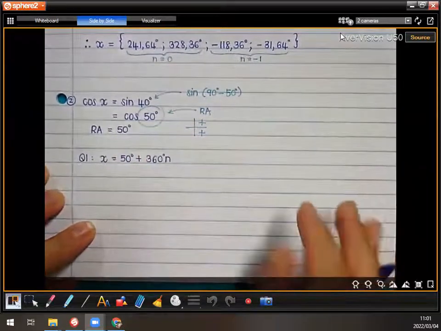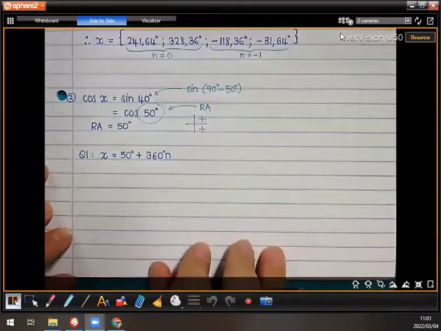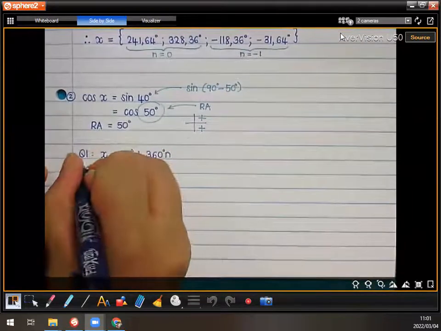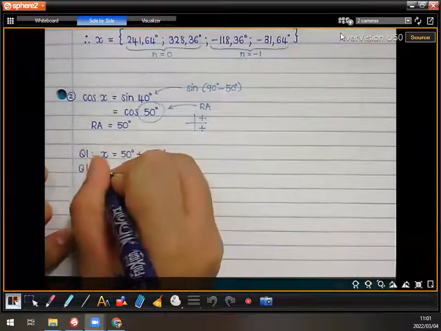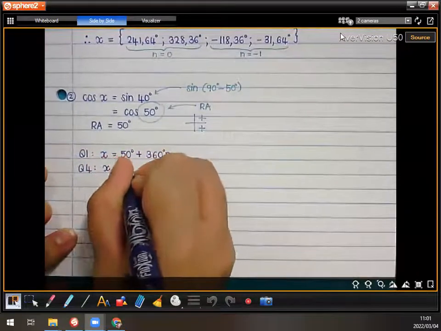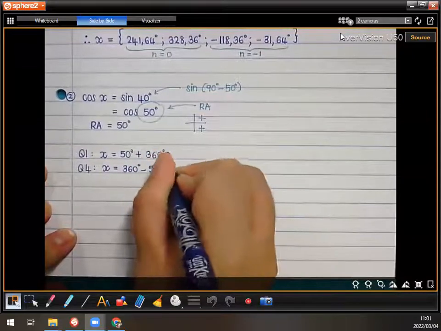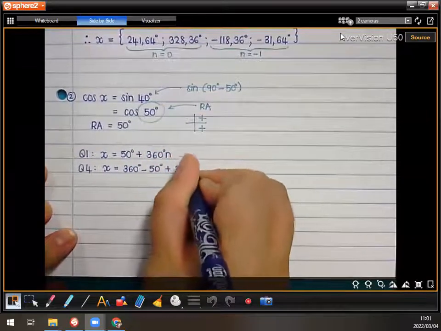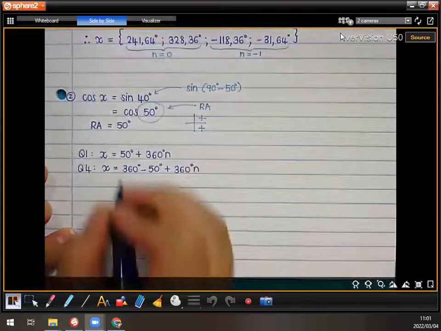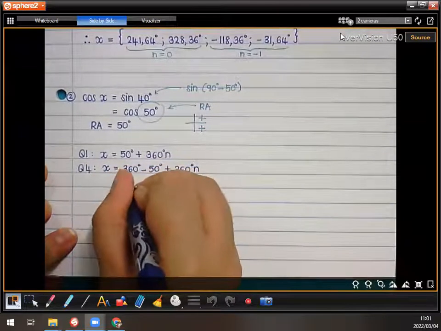We're going to write in element of this again because we wrote it for the first one already. And for quadrant 4, you're going to say x is 360 minus 50 plus 360n, which you must then just simplify to 310.